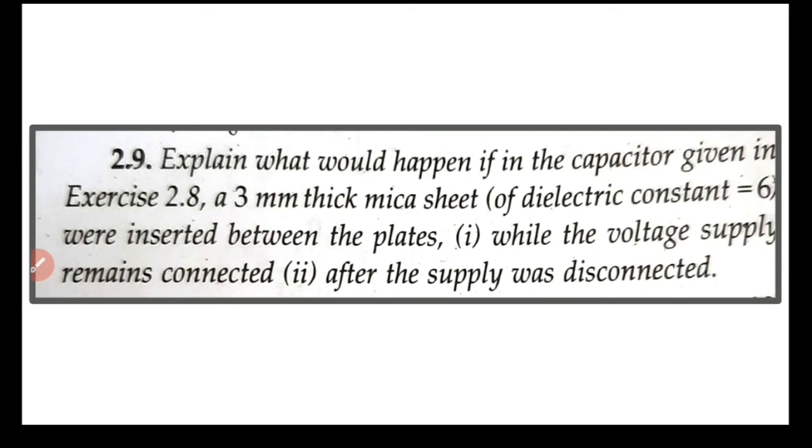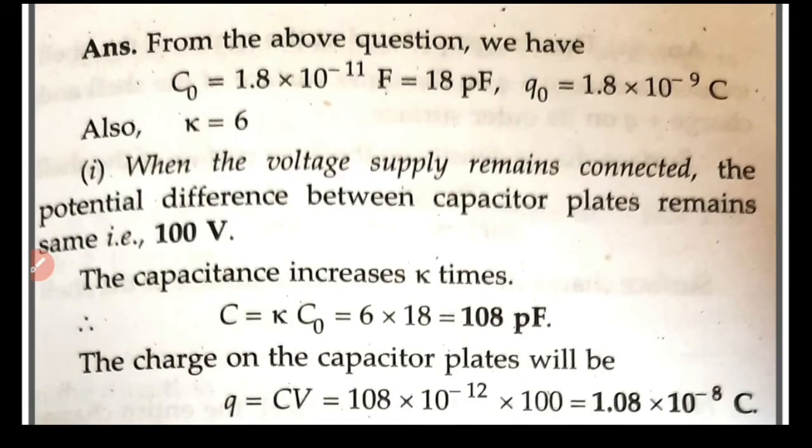So what you have to find is what happens if a mica sheet is inserted between the capacitor plates. Two different situations. First case, the battery remains connected. Second case, the battery is disconnected. So the reference is question number 8.